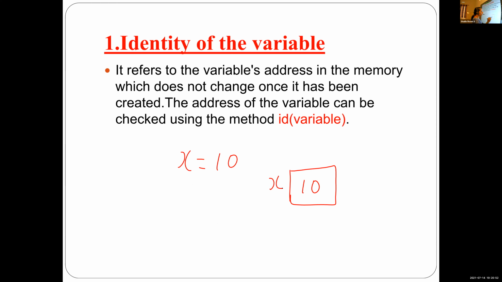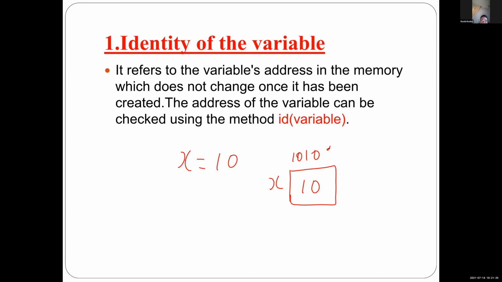We store this integer value 10 in a particular memory address, and if the address of that memory is 1010, that 1010 is the memory address, which is the identity of the variable. Identity of the variable means it is the memory address where the system stores this value. That is identity. Is it clear, Kevin?